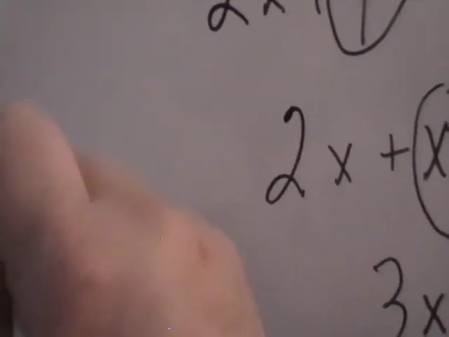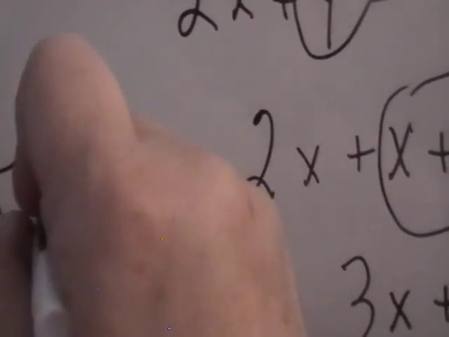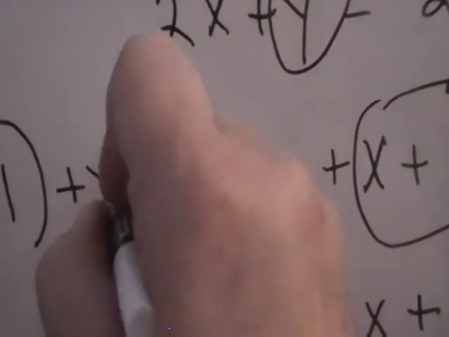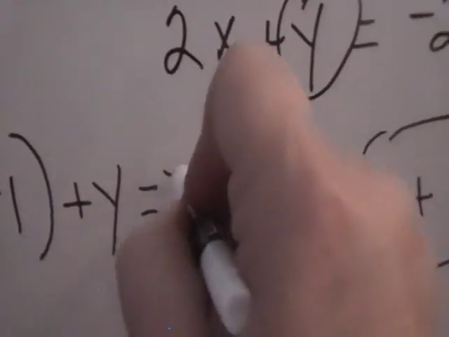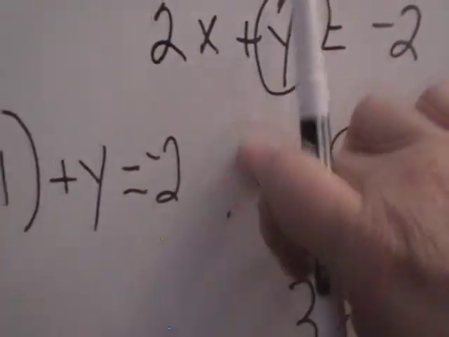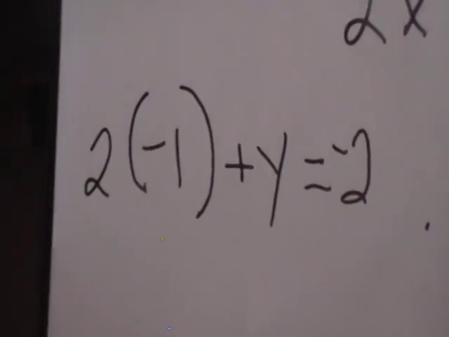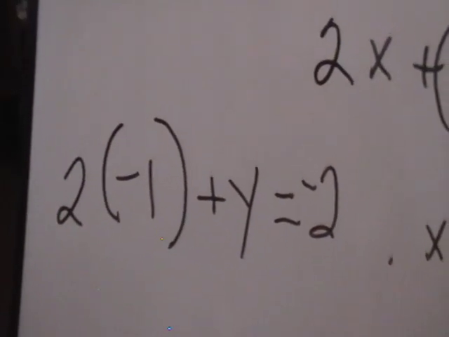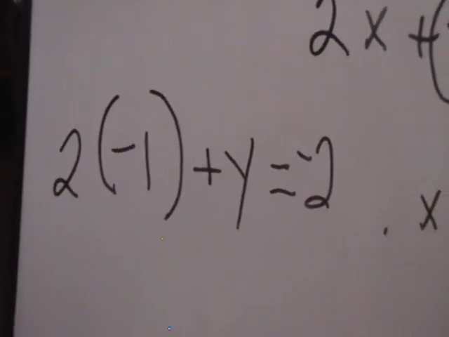So I'm going to come over here, and I'm going to do 2 times -1 plus y equals -2. And I'm sorry, I'm running into myself over here. So 2 times the -1, that's what we found the x to be, plus y equals -2.